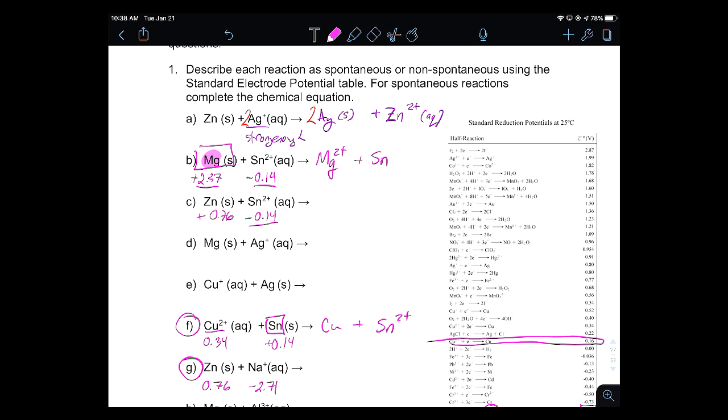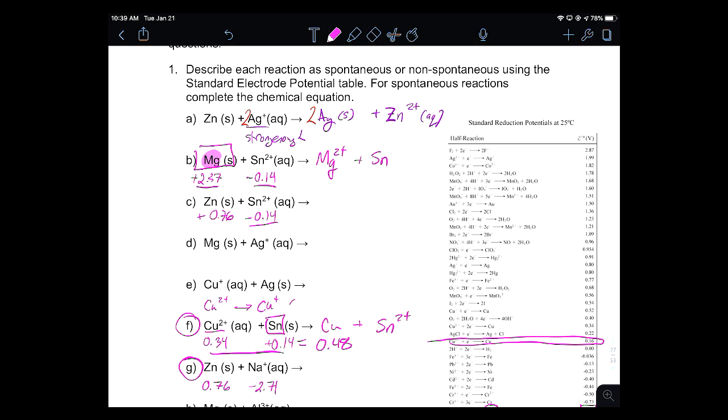So if it's zinc metal, that means I'm going to reverse it, because on the table it's for zinc ions. I don't have zinc ions.